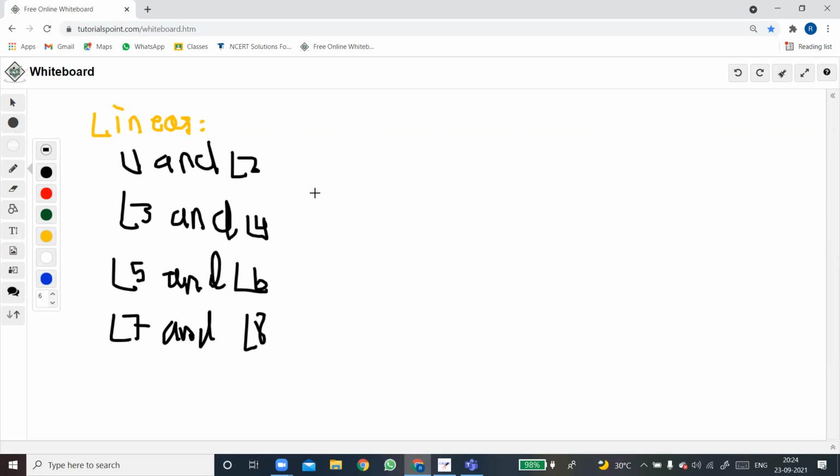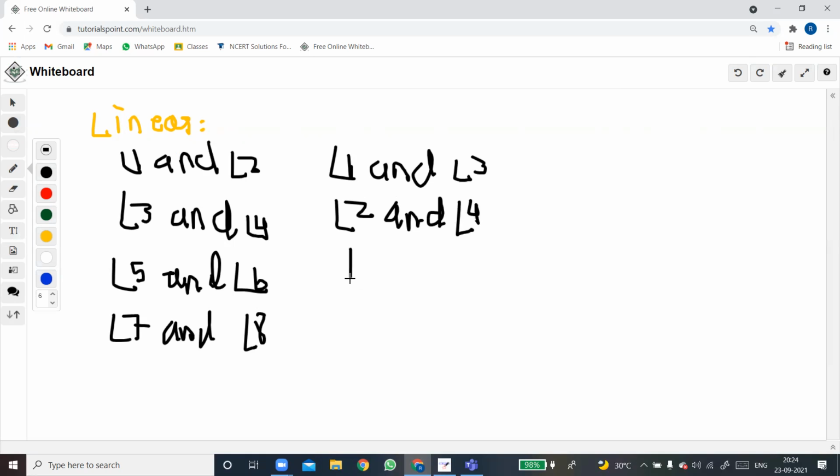So these 4, and then angle 1 and angle 3, angle 2 and angle 4, angle 5 and angle 7, angle 6 and angle 8. These are my guesses.